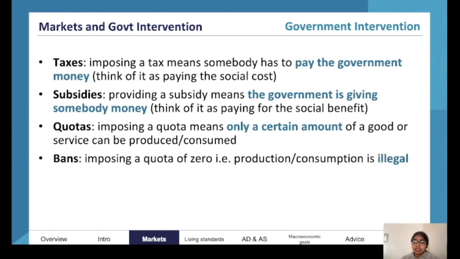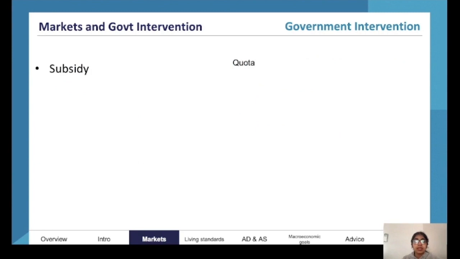Bans, so total bans, saying consumption of this good or service is illegal. For example, illicit drugs are completely banned because of the negative externalities they pose to society. And other things they can do, obviously, are permits, making sure that people get a permit, or creating a barrier to entry, so just making it more difficult for people to engage in a certain activity and so on.